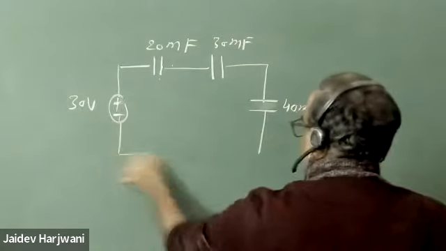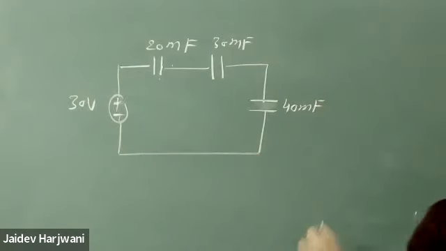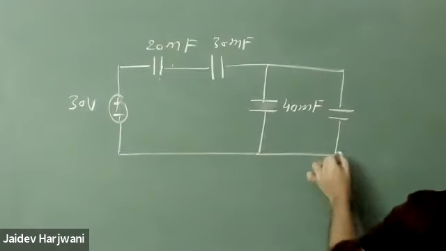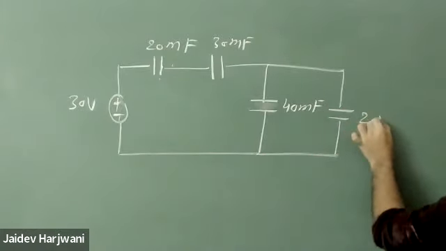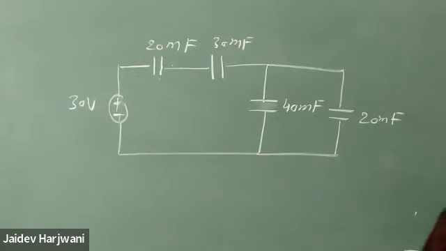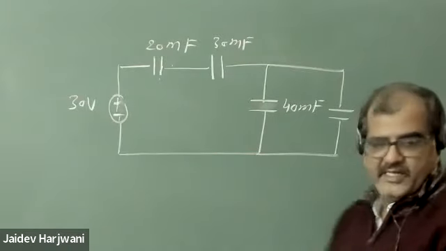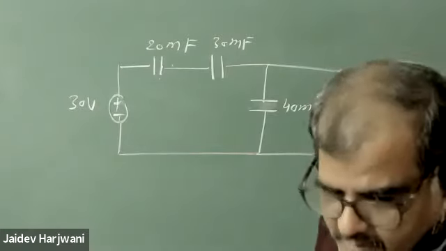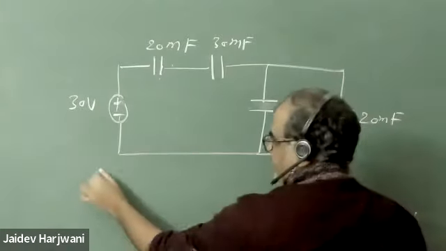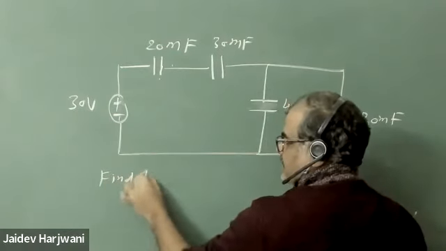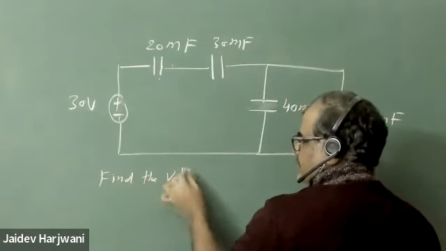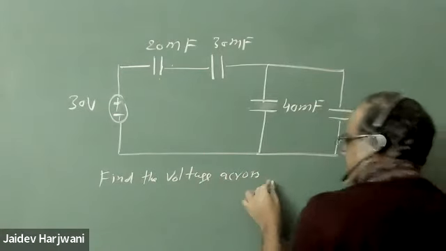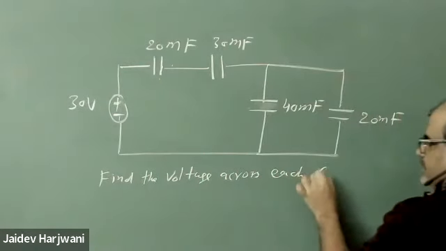You can connect like this. Okay, and here in parallel one more capacitor of 20 millifarad. Okay, so it says find the voltage across each capacitor. Okay, so the problem they are asking, find the voltage across each capacitor.